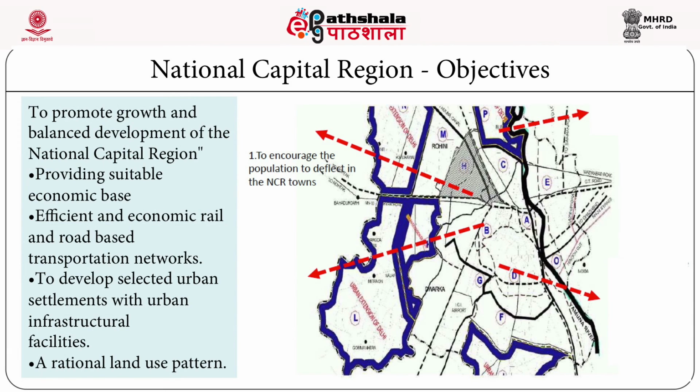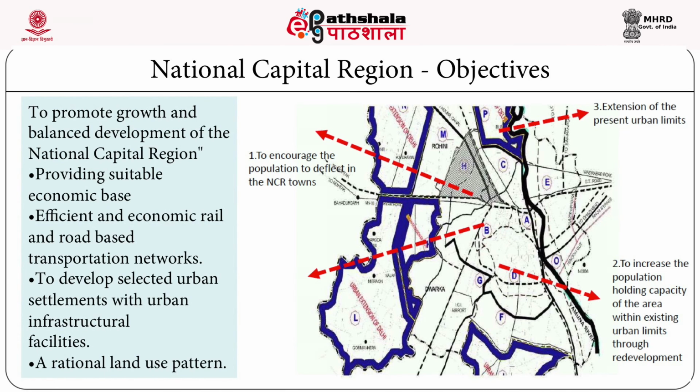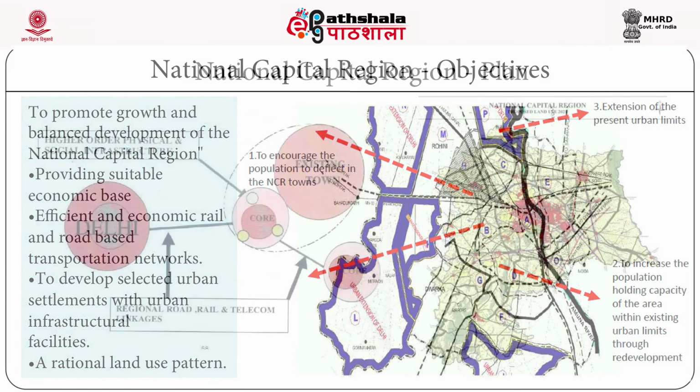And then number 2 was to increase the population holding capacity of the area within existing urban limits through redevelopment, and the third was extension of the present urban limits. So it was basically about how to manage the growth, and that was what the National Capital Region Plan was all about.